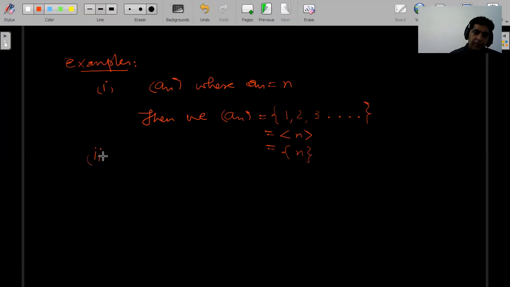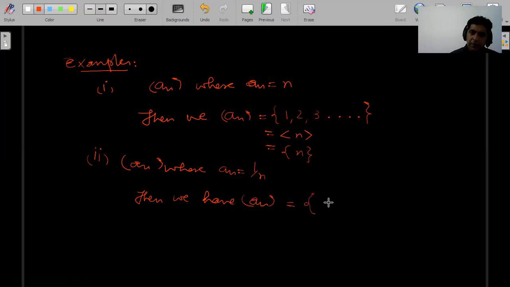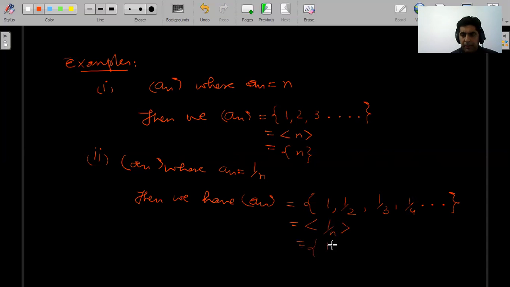Second, let an be a sequence where an is equal to 1 by n. Then we have an is equal to 1, 1 by 2, 1 by 3, 1 by 4, and so on. Or simply we write 1 by n. Okay, so these are the examples.